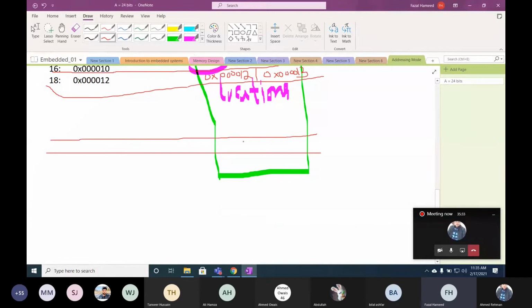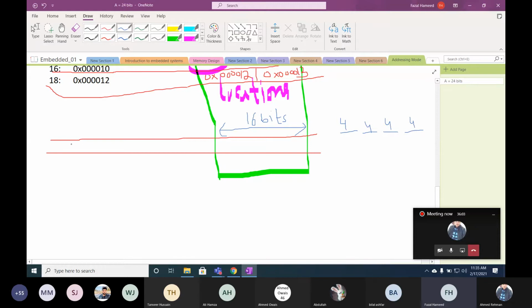What is the size of this data? बताएं बेटा. कितने bits का होगा? 16 bits. How can we represent 16 bits in hexadecimal? किस तरह divide कर सकते हैं? How many hexadecimal digits will be required? 4. Yes. So we can divide 16 into 4, 4, 4, and 4.